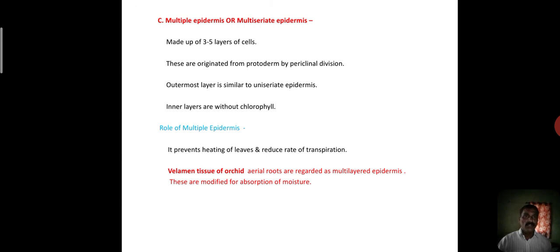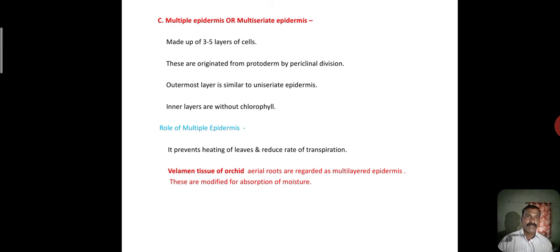Then what is the role of the epidermis? It prevents heating of leaves and reduces the rate of transpiration. That means these epidermal cells, which form the multiple epidermis, prevent heating of leaves and also reduce the rate of transpiration.